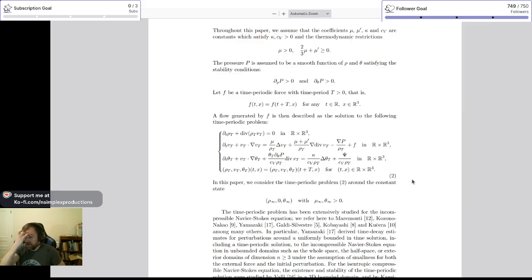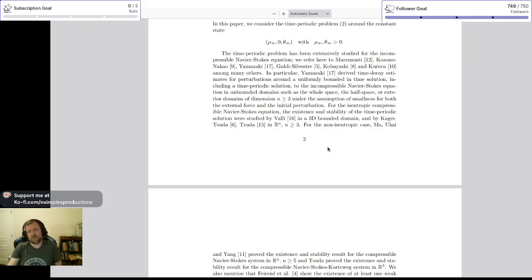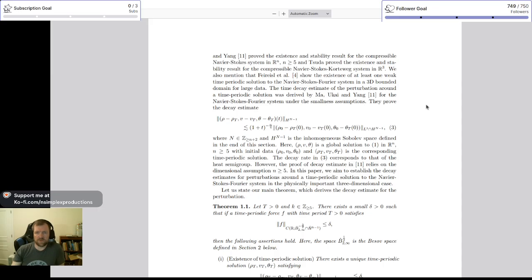In particular, Yamazaki derived the time decay estimates for perturbations around a uniformly bounded in time solution, including time periodic solution to incompressible Navier-Stokes equation in unbounded domains such as whole space, half space, or exterior domains of dimension n greater than or equal to 3, under the assumption of smallness for both external force and initial perturbation.